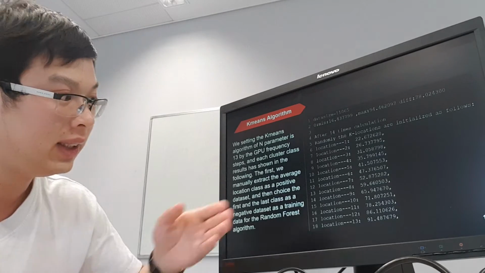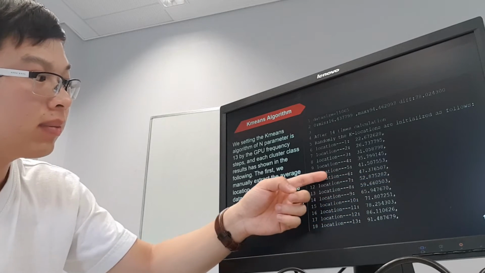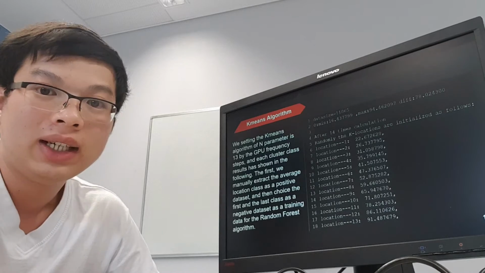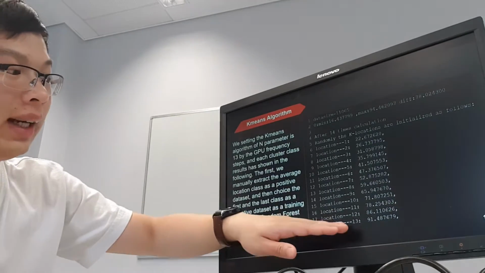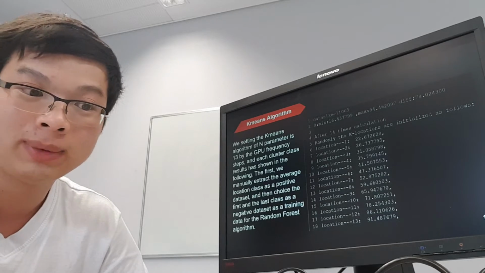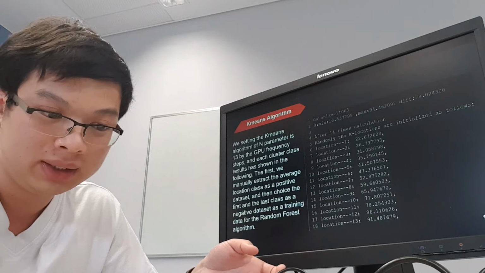So we see it in class number 7. It is the positive data sample, and the last one is the negative data sample, because its power consumption is too high and too low.